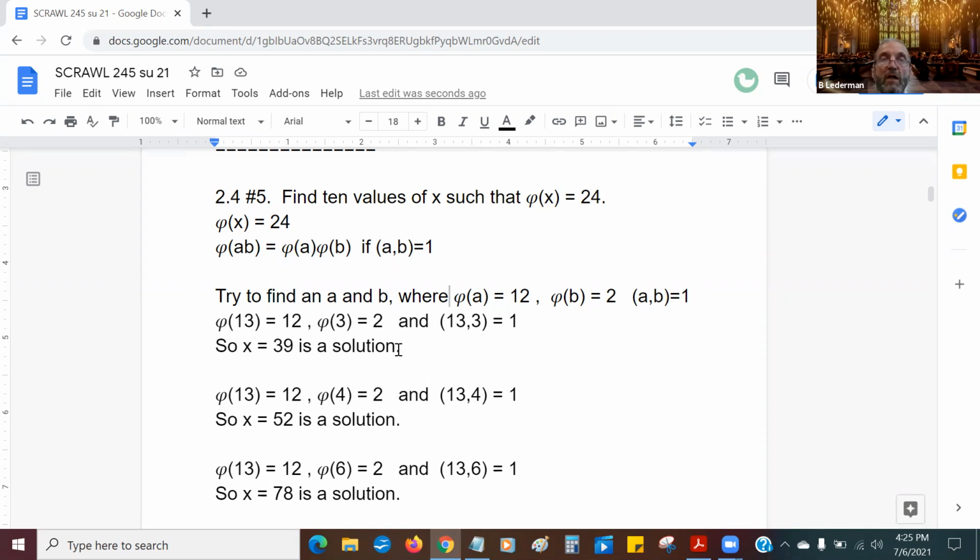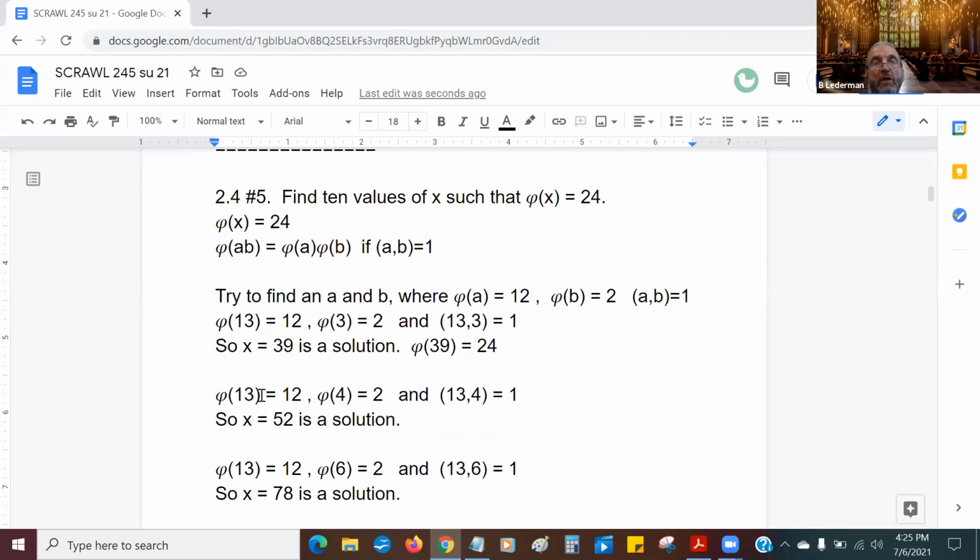If I take phi of 39, it is going to equal 24. But hold on.